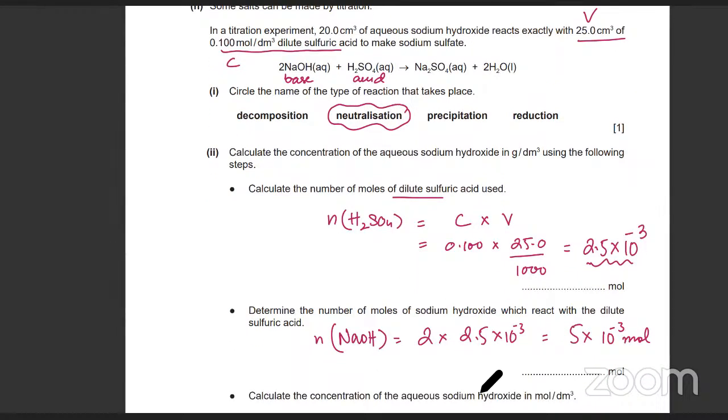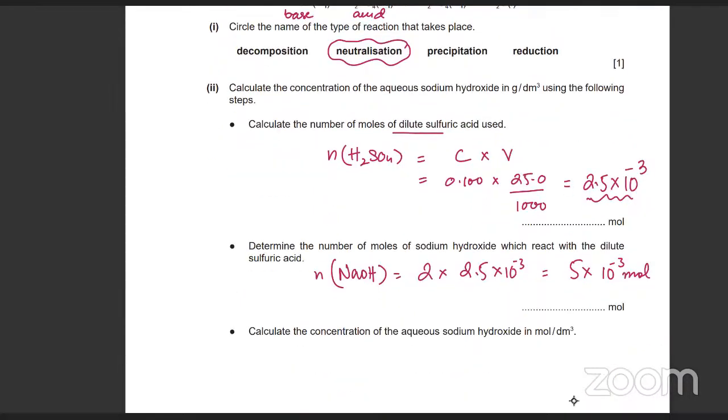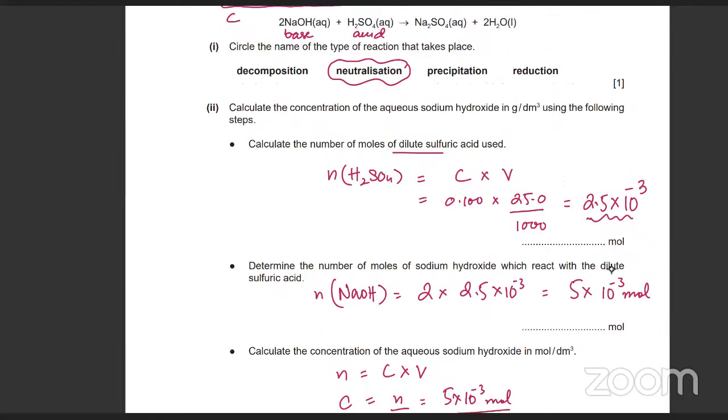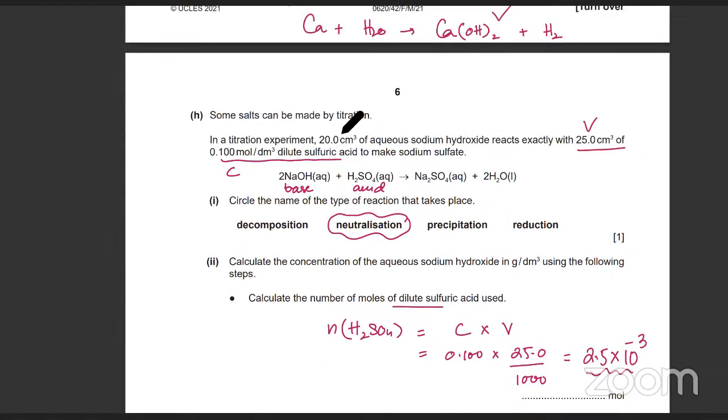Calculate the concentration of the aqueous NaOH in mole per dm cube. So concentration का क्या formula था? Moles is concentration times volume, right? So what is concentration? Concentration is moles over volume. NaOH का moles तो पता है, that's 5 times 10 to the power minus 3, right? Volume भी पता है, उससे ऊपर दिया हुआ volume कितना दिया हुआ है? 20 cm cube of NaOH.